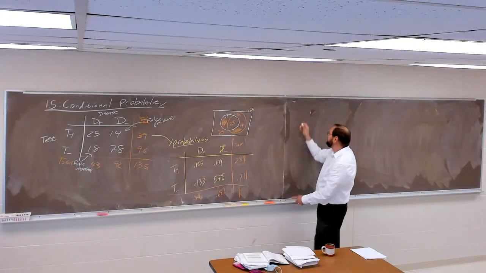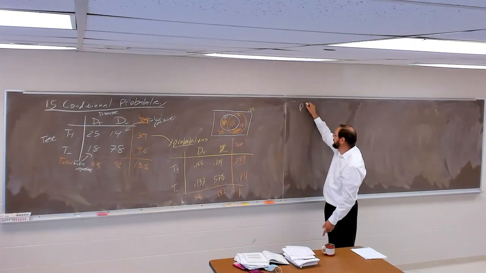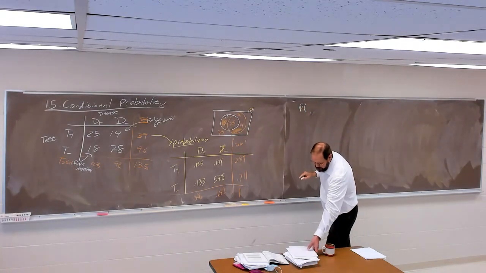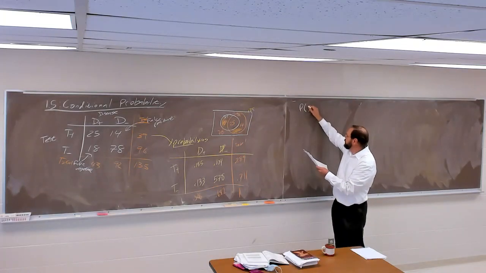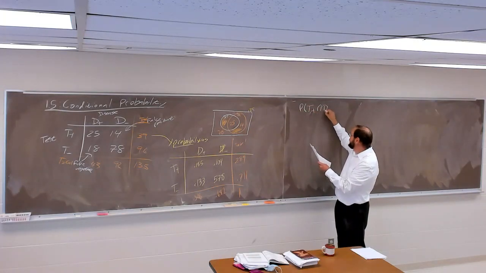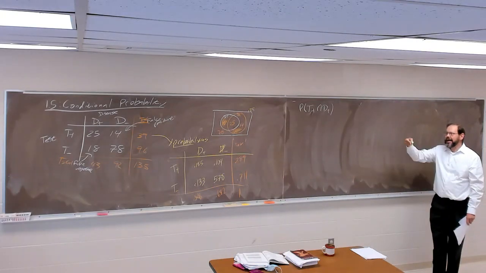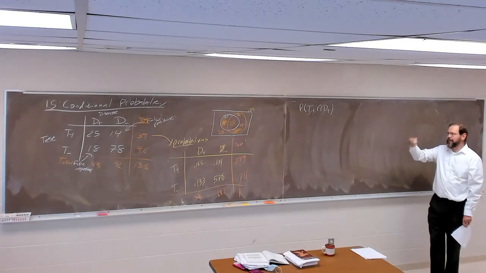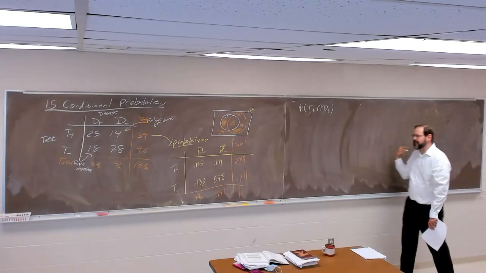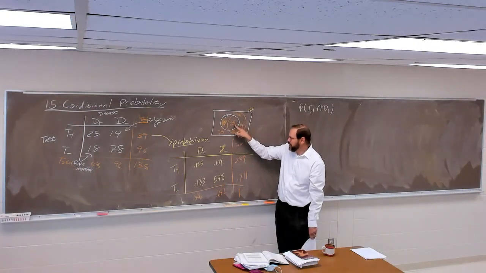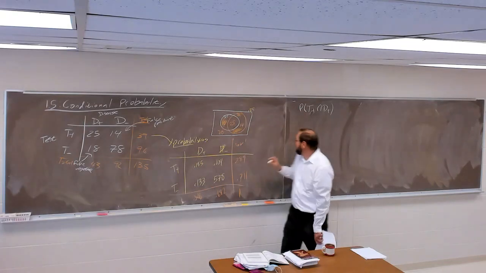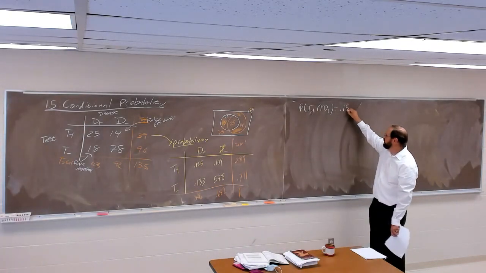So we can already do certain things like the probability, a handful of them. If I wanted to know the probability of T+ intersect D+, what is the probability that at random I select someone who has a positive test and actually has the disease? That's this region in here, and that's what this number here is telling me, 185.